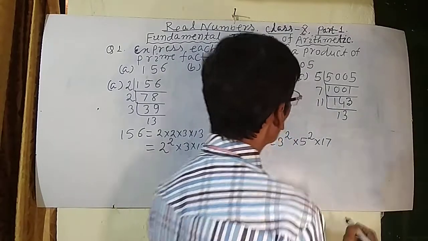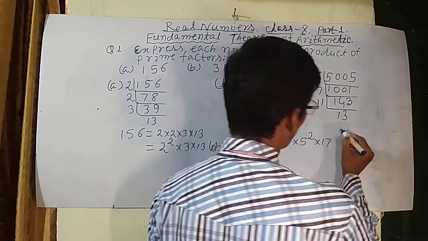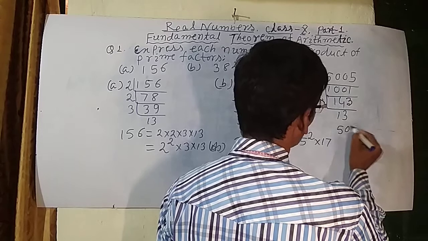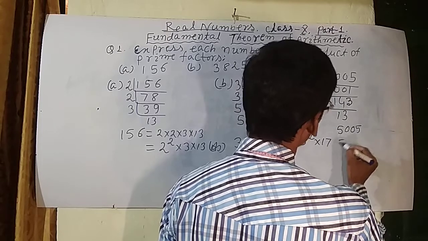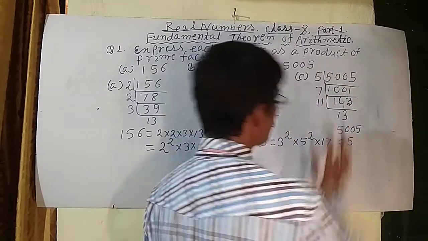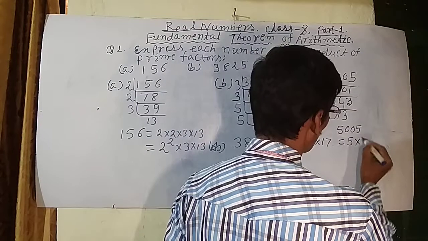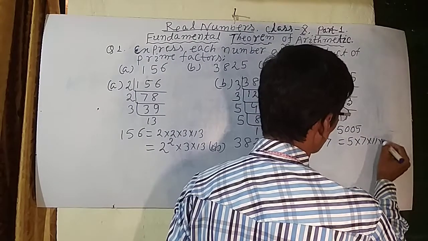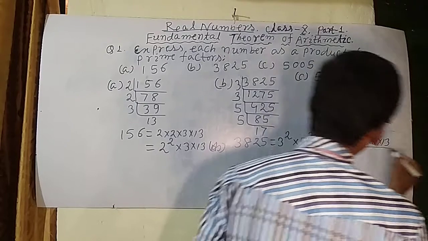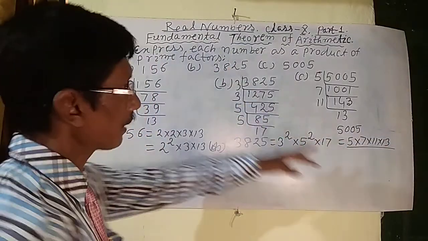So you can write the factors here: 5005 equal to 5 to the power 1, and 7 also 1, and 11 also 1, and 13. This is the prime factorization, as a product of primes.